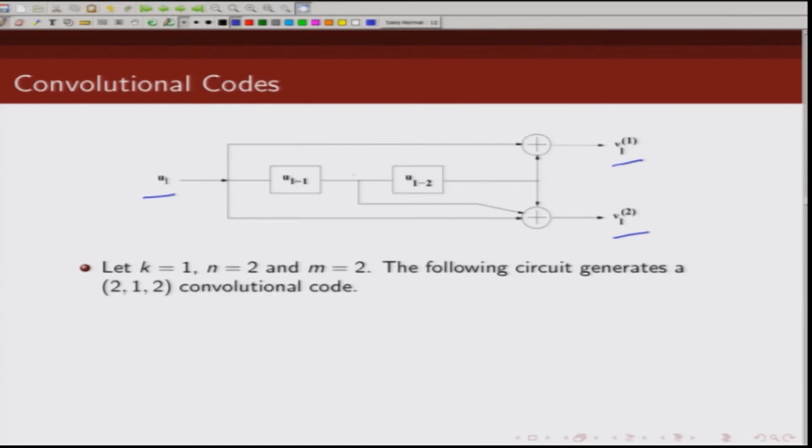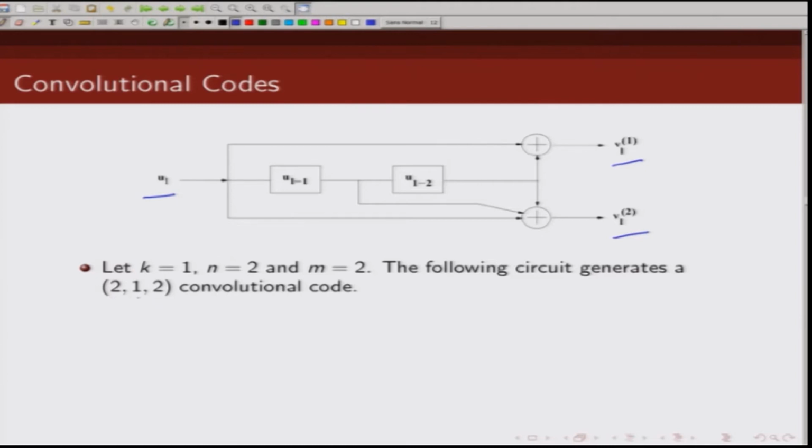It also depends on what u l minus 1 was, what u l minus 2 was. So, this is an example of memory order 2. So, the current output not only depends on current input, but also depends on past two values of the input. So, this is an example of a 2-1-2 convolutional code.